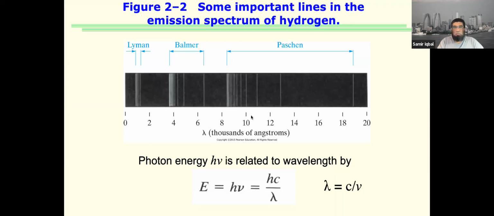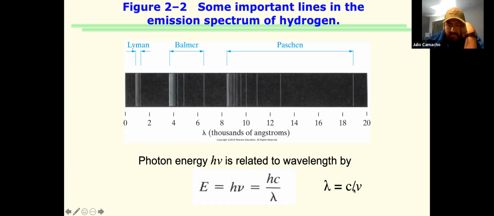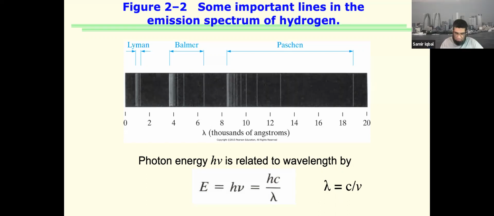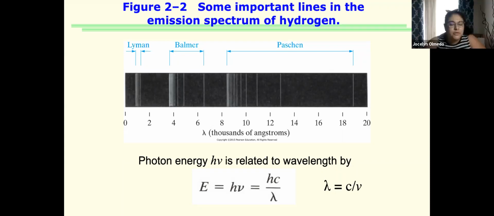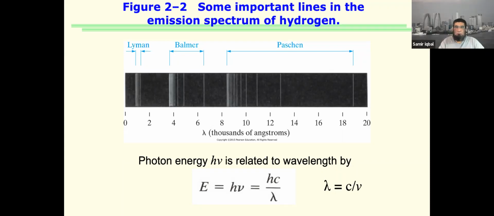What is this relationship on the right hand side? Lambda equals c over frequency, c over nu. What do you call this relationship? Dispersion. Wavelength. Dispersion relationship. You have to just remember it by heart.